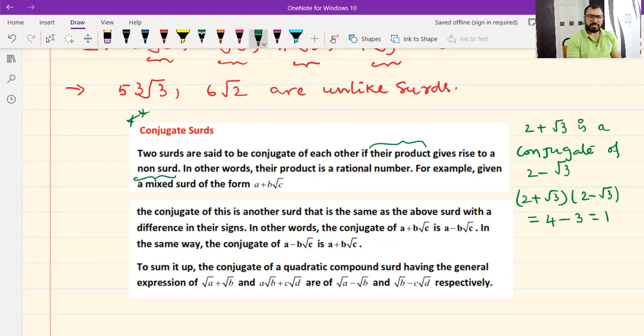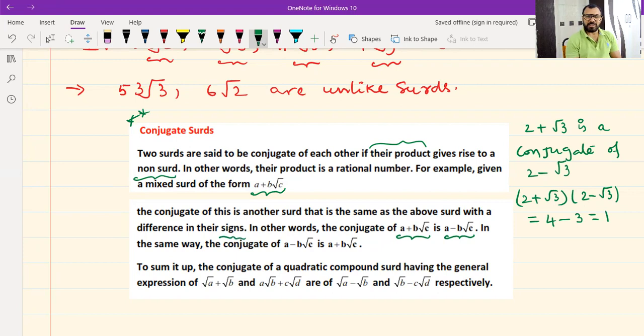So what is the conjugate of a plus b root c? The conjugate of a plus b root c is a minus b root c, right? Which means that there will be a sign change in the surd only, not in the case of the rational number. So the conjugate is another surd which is the same as the above surd with a difference in sign.